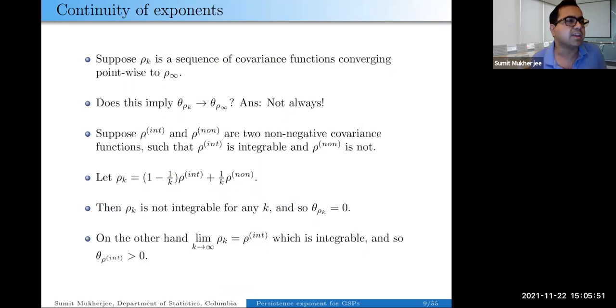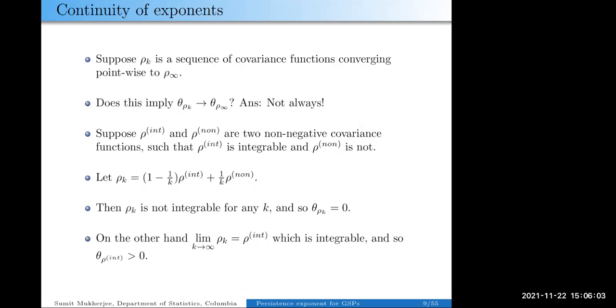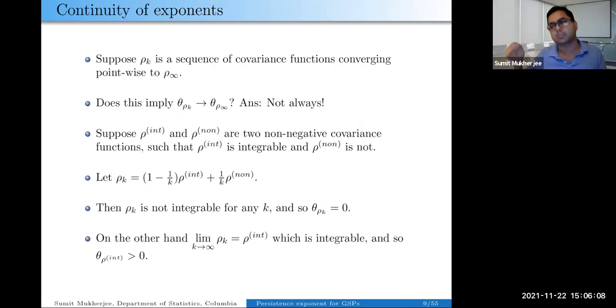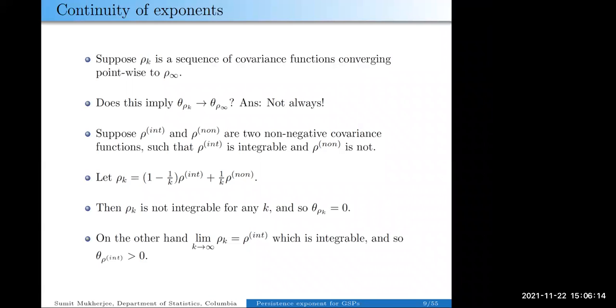So theta rho k, the persistence of rho k, will be greater than or equal to the persistence of rho infinity. So the lim sup of theta rho k will always be less than or equal to the lim sup of theta rho infinity, always for non-negative correlations. So that's the direction which is free. The lim inf of theta rho k greater than or equal to theta rho infinity, that's the direction which is not free. Thanks.